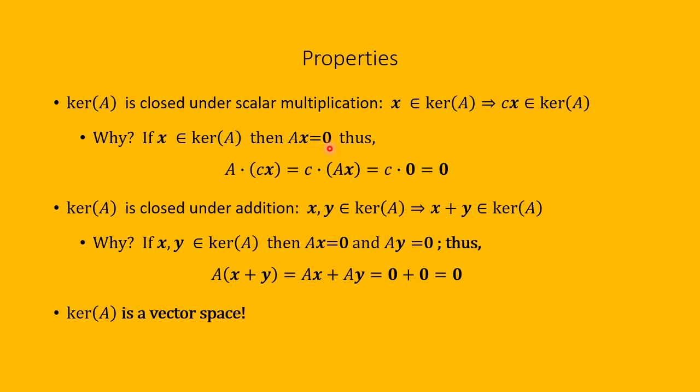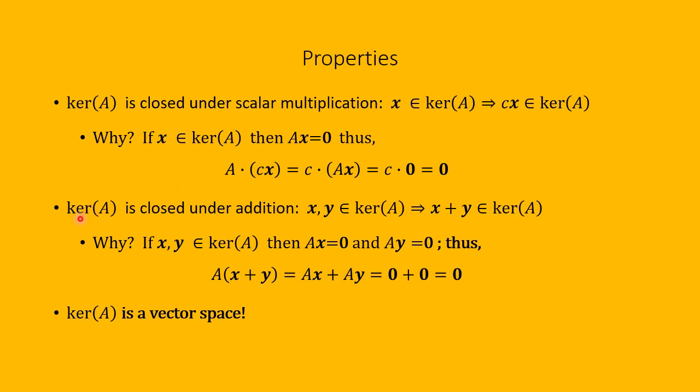So what about c times x? A times the vector c times x is equal to c times the matrix A times x, but A times x is 0. So this is just c times the zero vector, which is the zero vector, and that means that c times x is in the kernel of A.